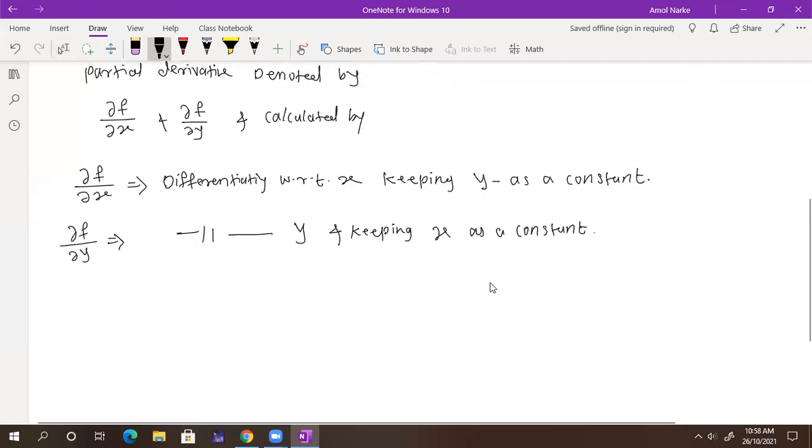So example, suppose we have f of x,y is equal to, first we will take a simple one, sin xy. Now tell me, what is the partial derivative of f with respect to x?